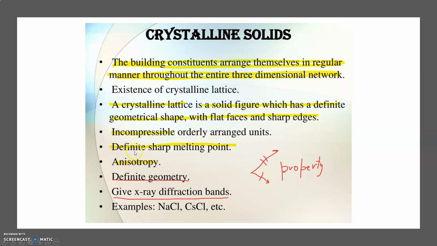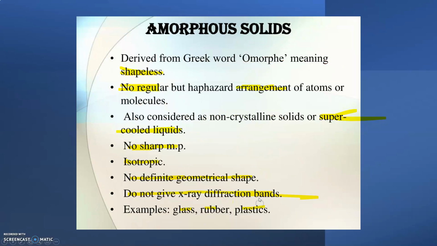They have definite sharp melting points. They have anisotropy. It means that the properties in one direction are different from the properties in the other direction. They have definite geometry, and they give an X-ray diffraction band. For example, we have sodium chloride, cesium chloride, etc.